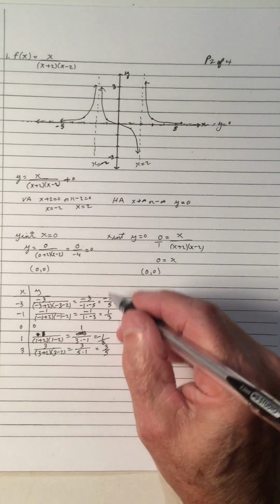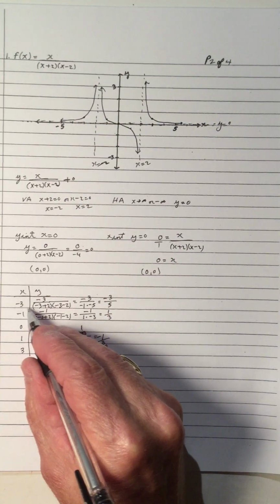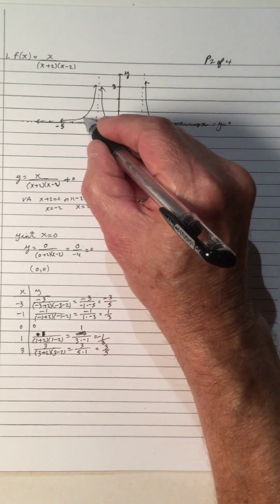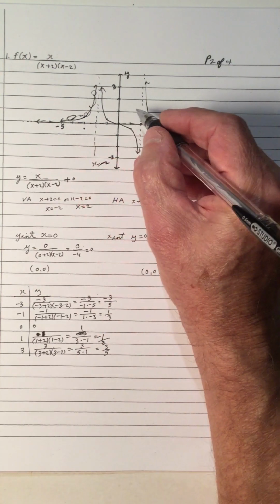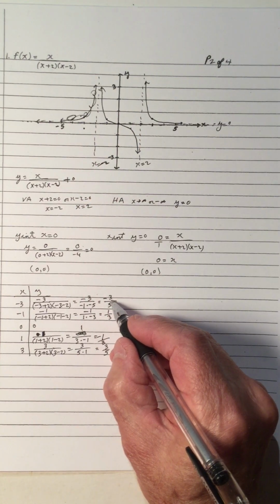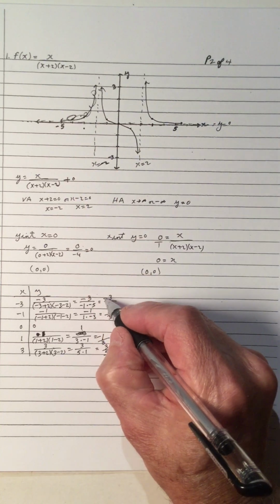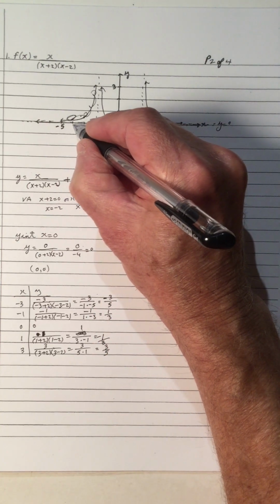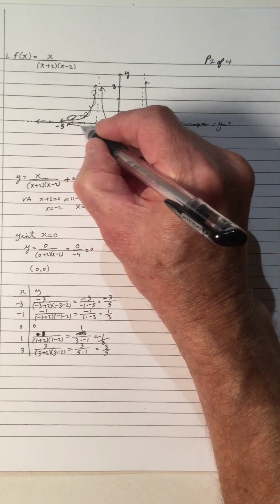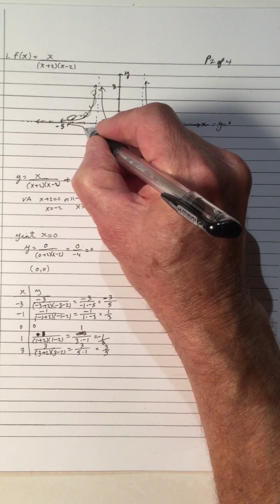Oh, look at this. Negative 3 gives me negative 3/5. So my mistake. I just noticed I didn't plot the point right. I plotted the point at 3/5. I didn't notice the negative. So really, as x moves to negative infinity, y goes to 0.